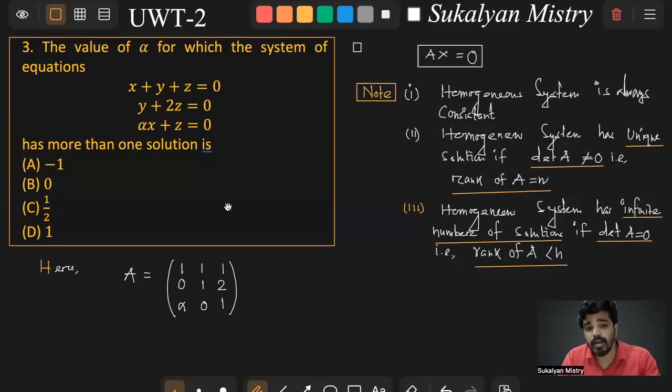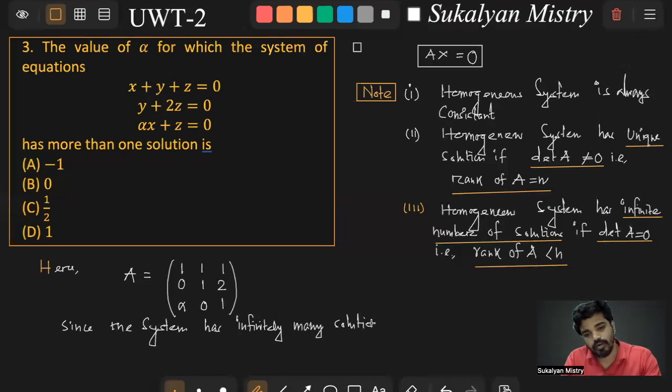So since the system has infinitely many solutions, determinant of A is equal to 0.